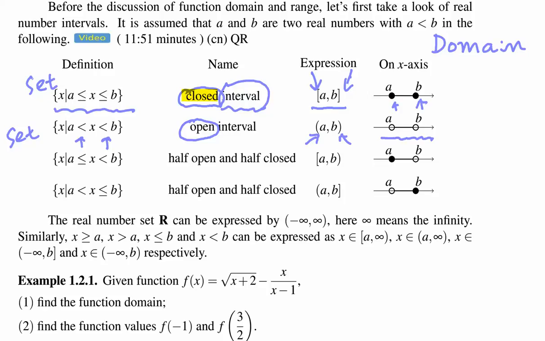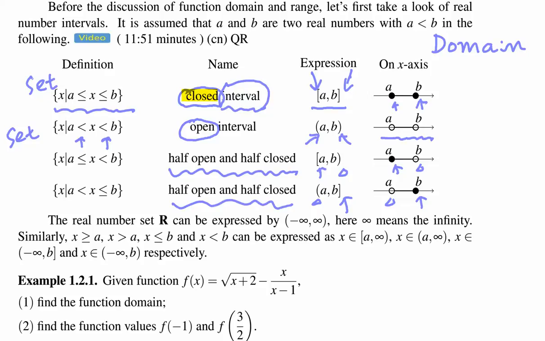Sometimes we have a left boundary included or right boundary included. So in this way, you want to mark the left-hand side with a square bracket, or here the right-hand side with a square bracket. But the point which is not included, you got to use a round bracket. You see right here. And then in this case, we say the interval is a half open and half closed interval.